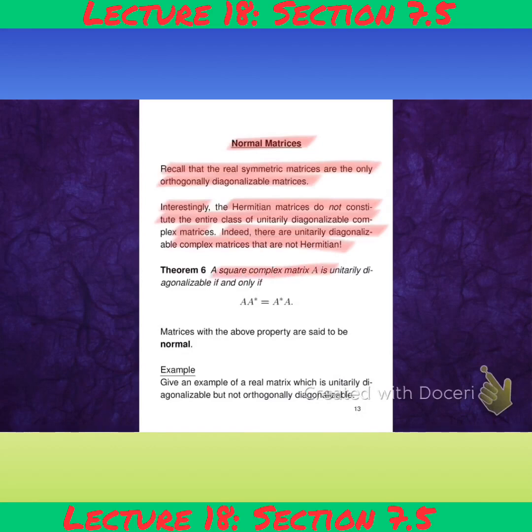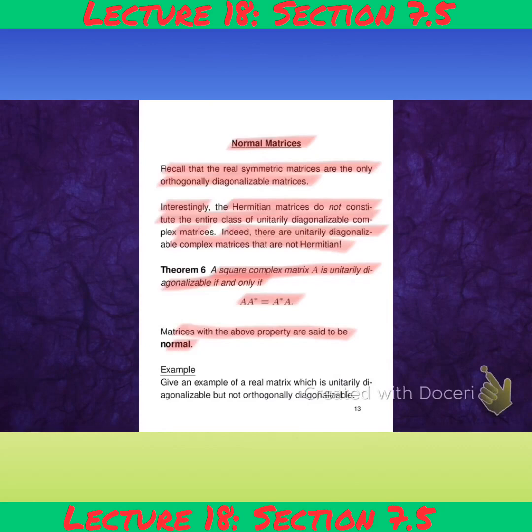We say a square matrix A is unitarily diagonalizable if and only if A multiplied by its conjugate transpose is the same as its conjugate transpose multiplied by A. Matrices with the above property are said to be normal matrices.